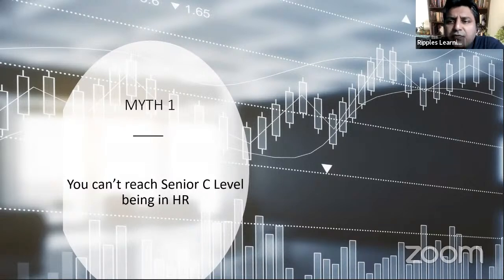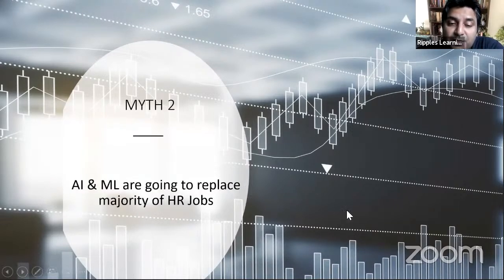There are umpteen examples, whether we talk about Xerox or Shell or Manipal, where people from human resource became chief executive officers. Otherwise also there is a CHRO, which is very good news for anybody associated with HR, because we have a much more important role to play.